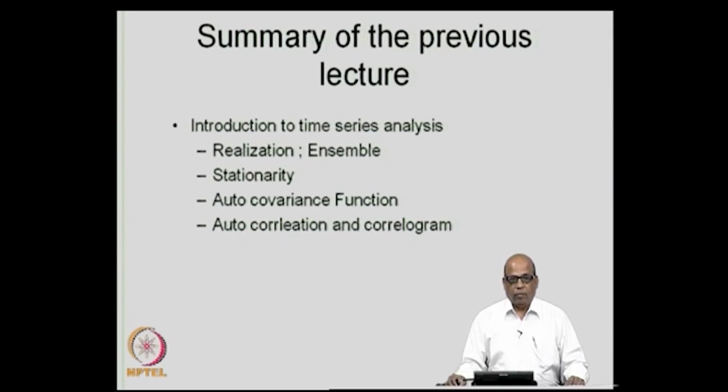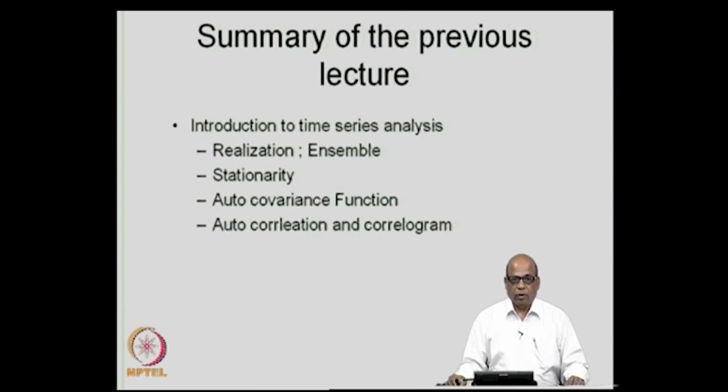If you recall, the time series is supposed to be stationary if the properties across time remain the same. For example, if the PDF of x t is the same as the PDF of x t plus tau for all t, then we say the time series is stationary.